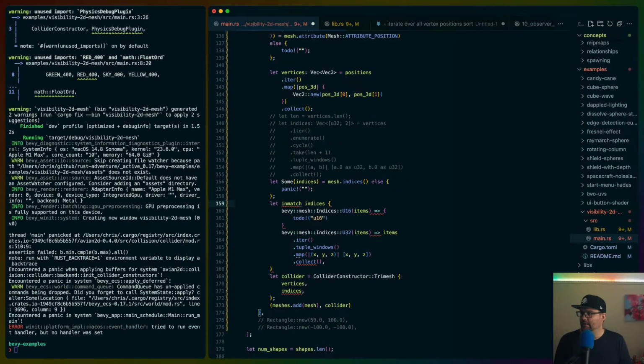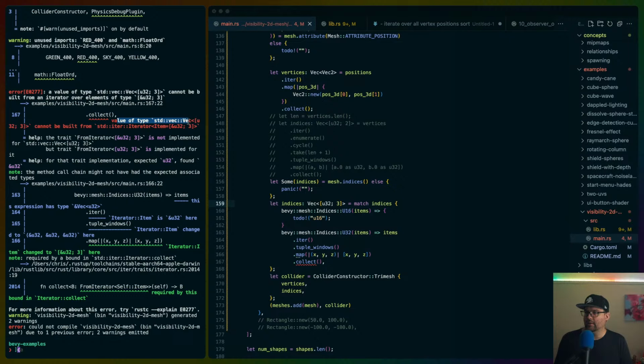And this is let indices, which is a vec of array of U32 3 equal the match. And if I don't forget my syntax, then things should work out.